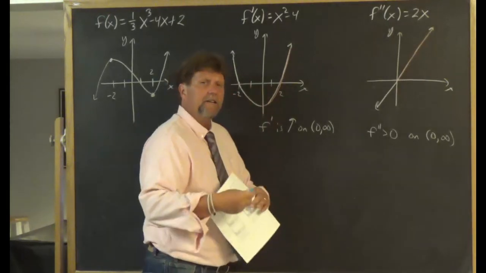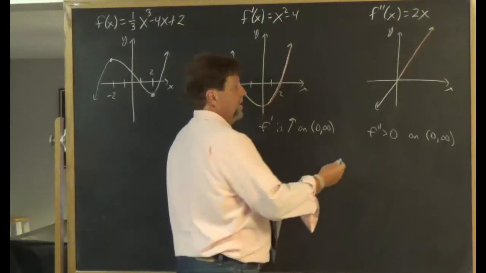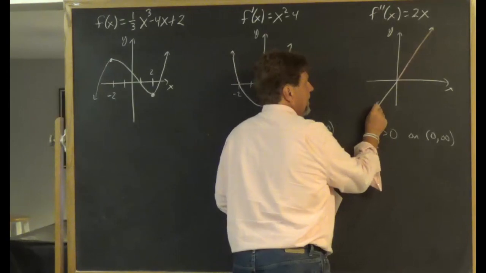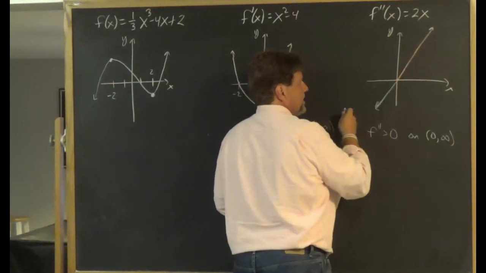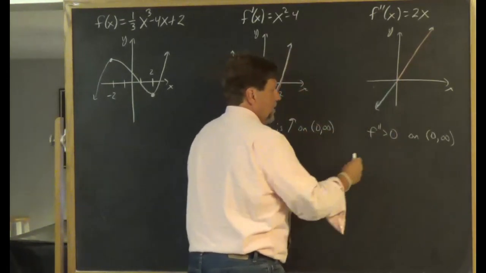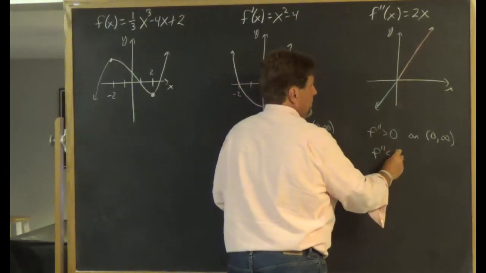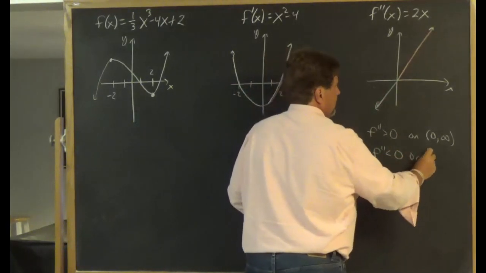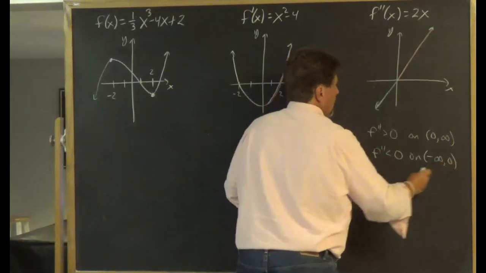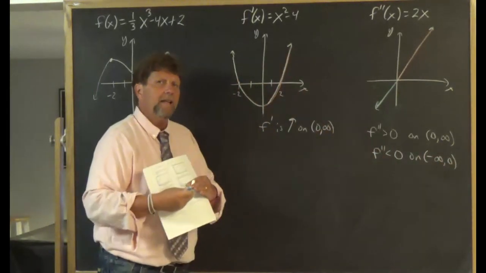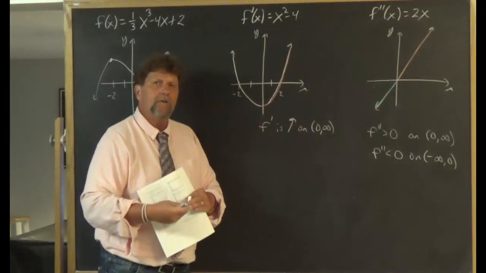Likewise, the second derivative is negative from negative infinity to 0. So for x from negative infinity to 0, the second derivative is negative, and that matches up exactly with where the derivative is decreasing.